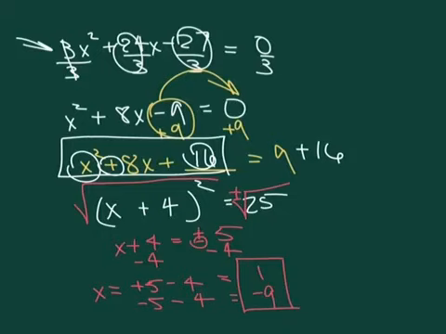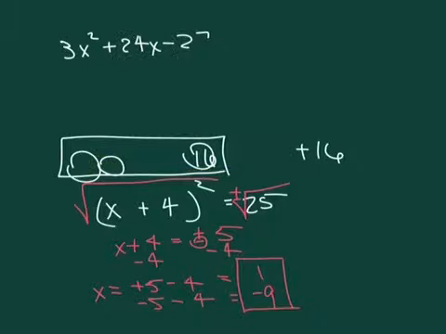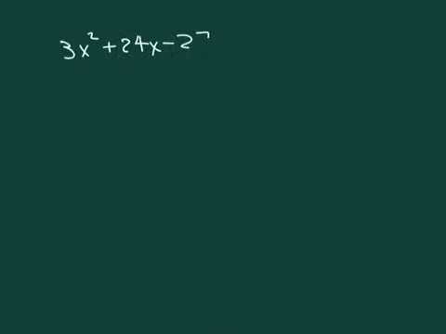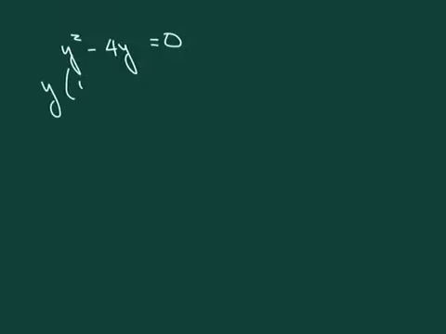Let's do example 6 here, and see if we can slowly but surely make you feel comfortable doing this. And we have y squared minus 4y equals 0. Alright, there's two ways to do this. Okay? The easiest method would be factor a y out of both of these.